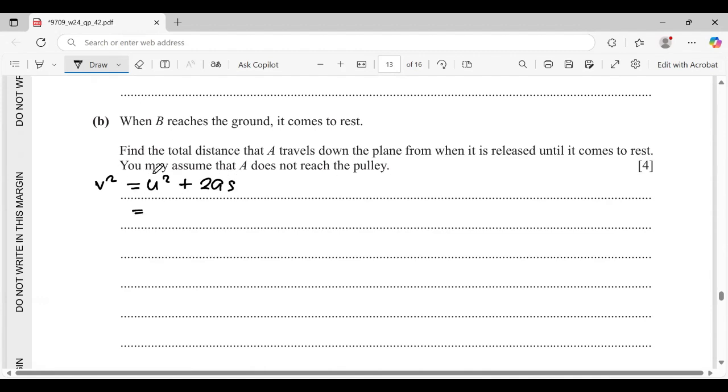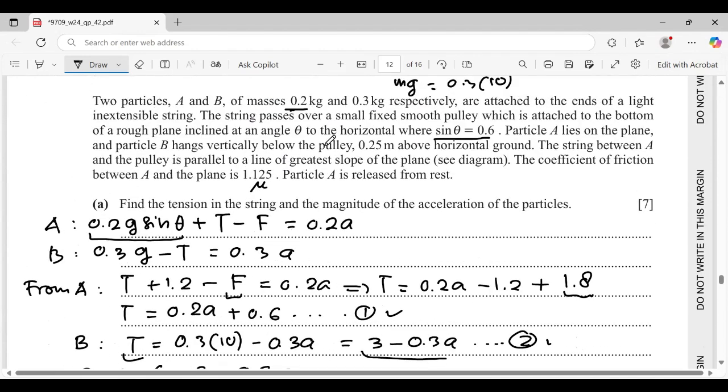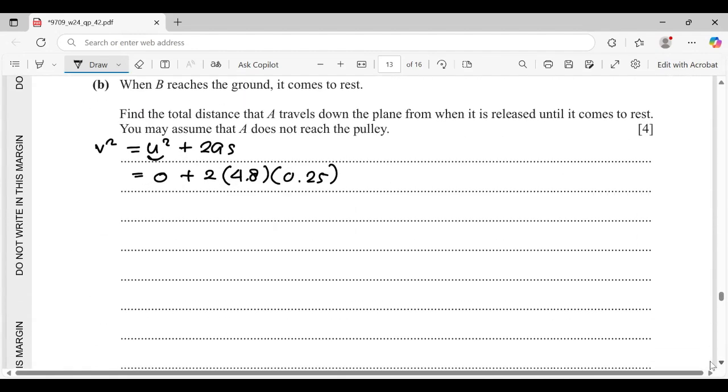In this case, the initial velocity equals 0. 2 times a, which we already calculated as 4.8, and s is 0.25, from the question. So v squared equals 2.4.